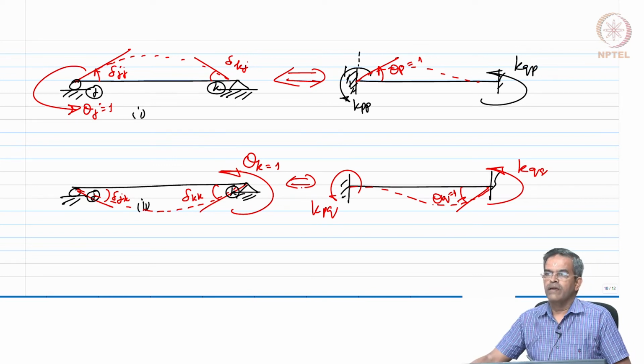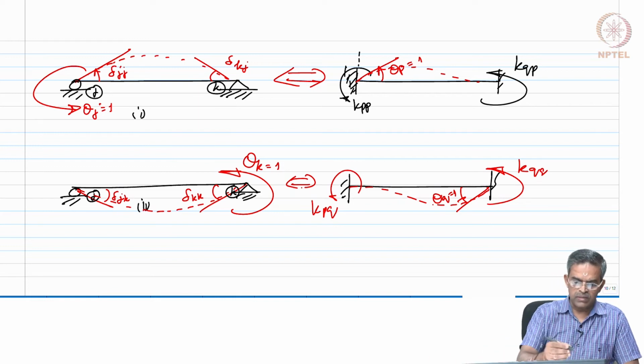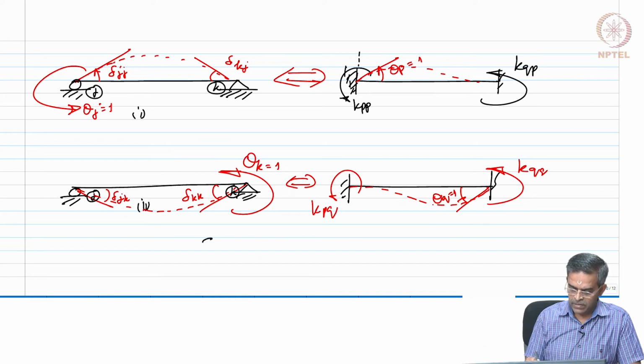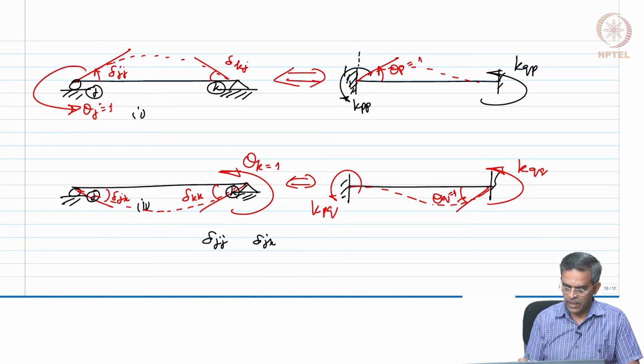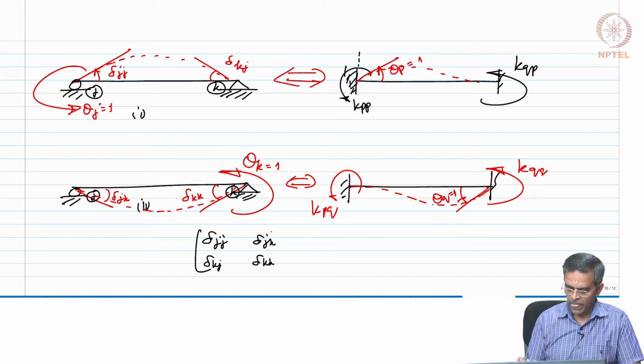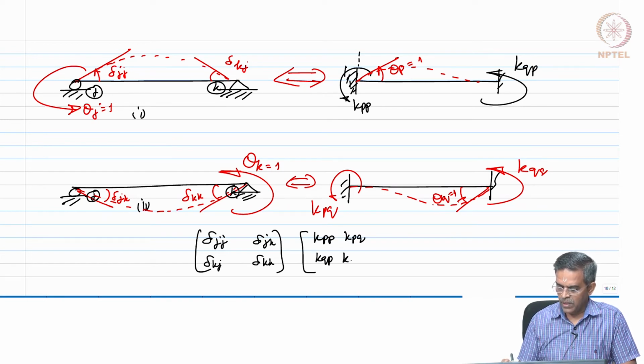Okay. Now, comparing these two figures, I can write the control equation like this: del Jj, del Jk, del Kj, del Kk, which are flexibility coefficients, multiplied by Kpp, Kpq, Kqp, Kqq will give me identity matrix.